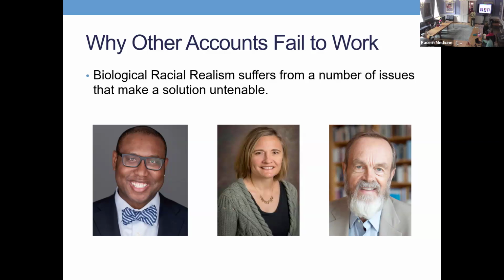And I take it that if you have a hybrid account, there are problems with biological realism and problems with social constructionism, and putting stuff together doesn't make it better, it makes it doubly worse. However, for the esteemed philosopher on the left, pre-2009 doesn't work out. I don't think it works out. Starting with tonight, we will have to see. We will have to see, because I think it's important to be charitable because there's new stuff coming down the pipeline. So we just need to see if it's going to work out.